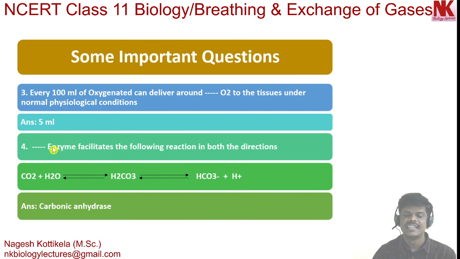Next question. Dash enzyme facilitates the following reaction in both the directions, that is carbon dioxide plus water, H2CO3, bicarbonate plus H plus. So this reaction in both the directions is facilitated by an enzyme, carbonic anhydrase.